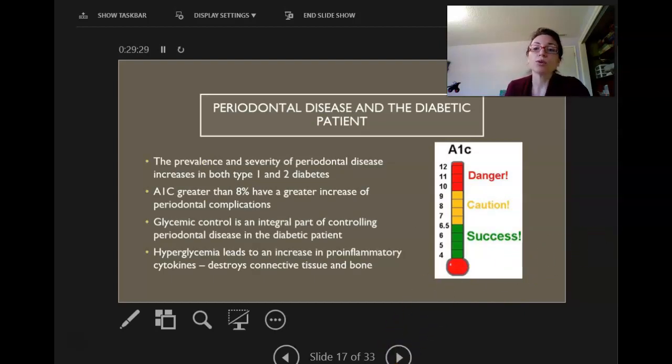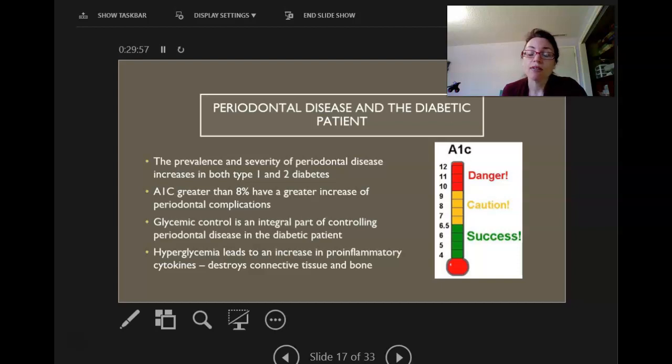Reduced systemic inflammation seems to be an important determinant in the relationship. So if we can reduce overall inflammation in our patients, then they seem to be able to control their diabetes better. Inflammation is the factor common to both diabetes and periodontal disease. We know inflammation is kind of what kickstarts periodontal disease.